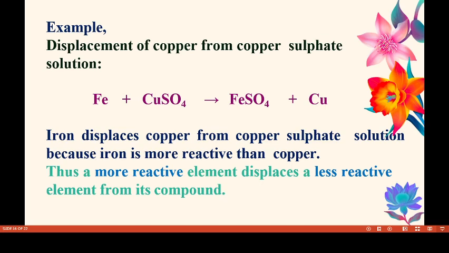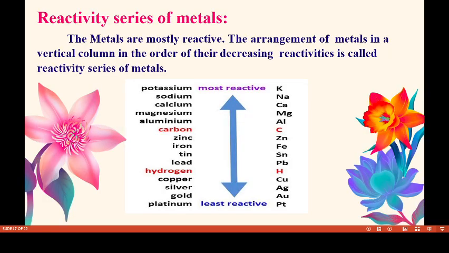The more reactive element always displaces a less reactive element from its compound. For your understanding, I will give here the reactivity series of metals, showing which one is most reactive and which one is least reactive. Keep it in mind students.